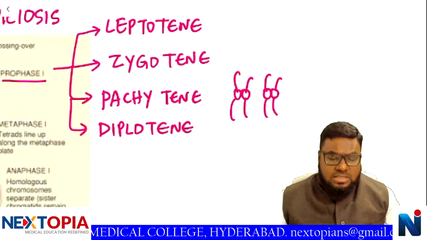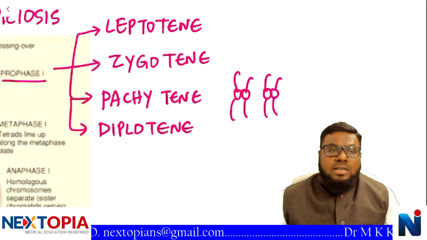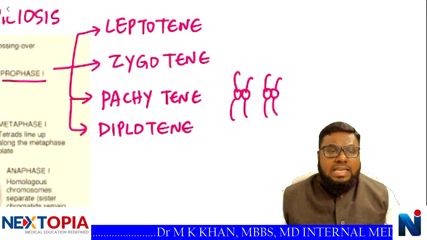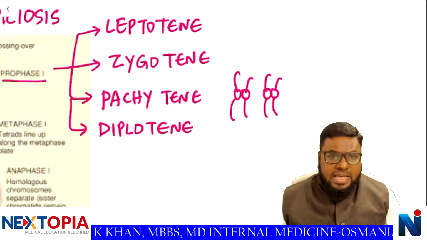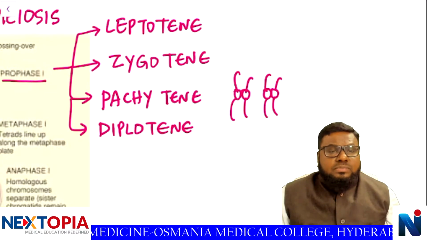In diplotene, the two chromosomes of a bivalent now try to move apart, and there are breakpoints occurring here.